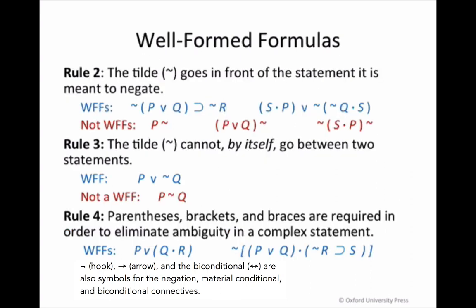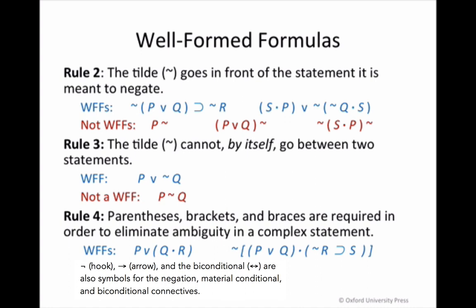So let's say more about our well-formed formulas. We already know that the tilde's got to go in front of whatever is being negated. So we have a pretty good idea of what not to do. So I'm going to focus on blue. If neither P nor Q, then not R. We can also read it as follows.